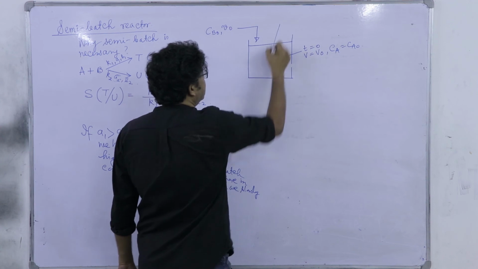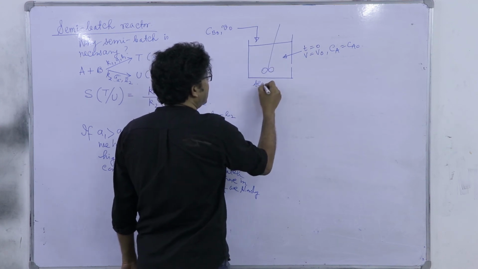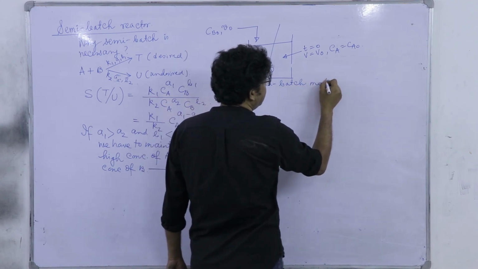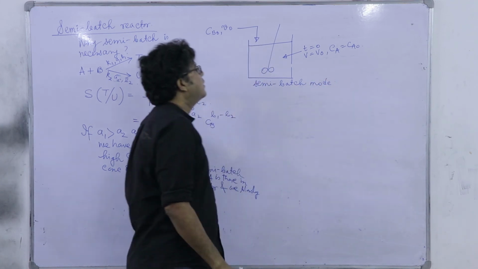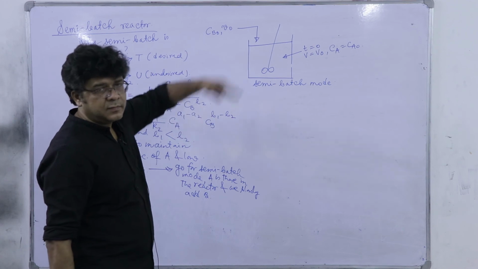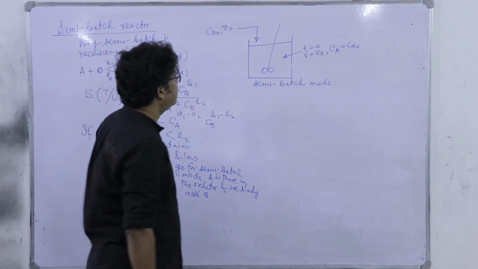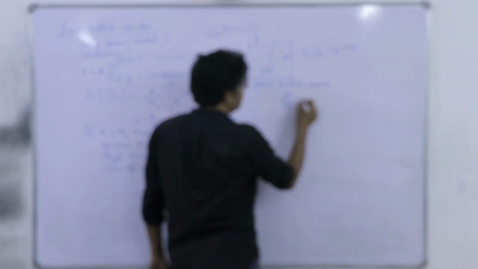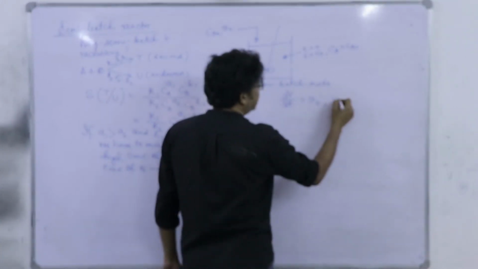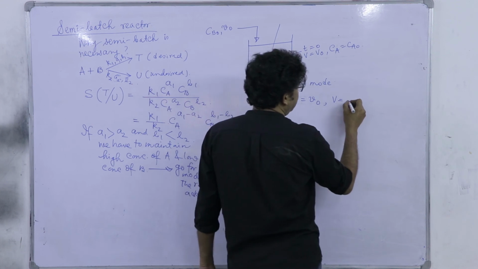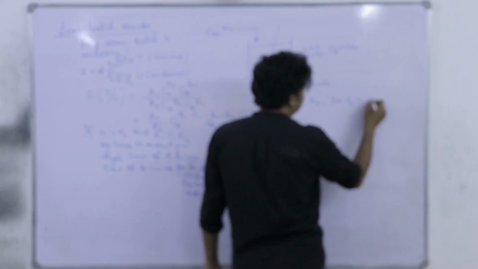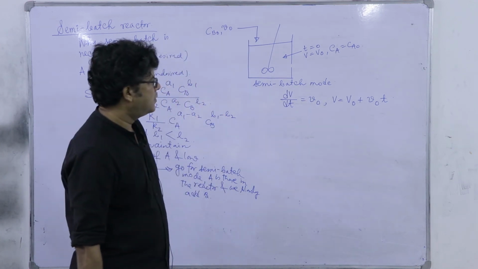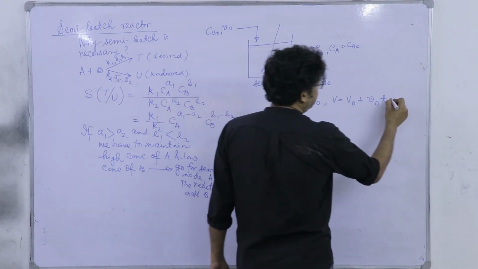So, this is not a continuous form, it is a semi-batch mode, right. So, definitely the volume will go on increasing with time. So, you can write this as dV dt equal to V naught, and integration will yield V equal to V naught plus small v naught into t, right. So, that is our first equation.